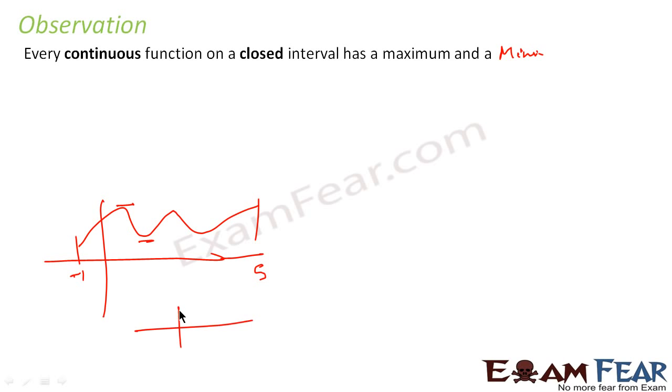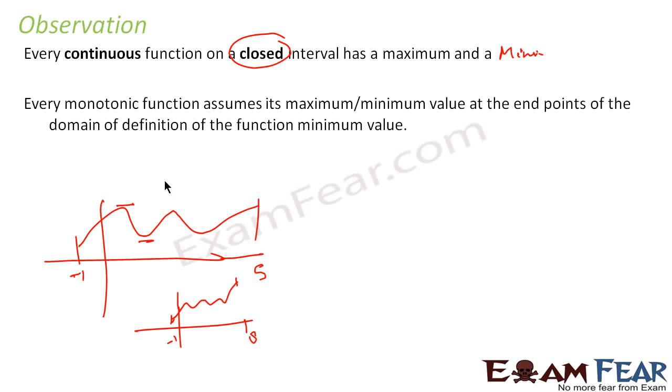Even in this case, let's suppose this is minus 1 to 8, this also has a minima and a maxima. So if you take any closed interval and a continuous function, it has to have maxima and minima. Whether it is at a turning point or end point or where it is not differentiable, that's a different thing. But a continuous function in a closed interval will have a maxima and minimum.